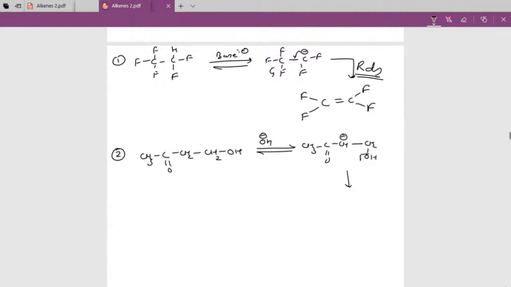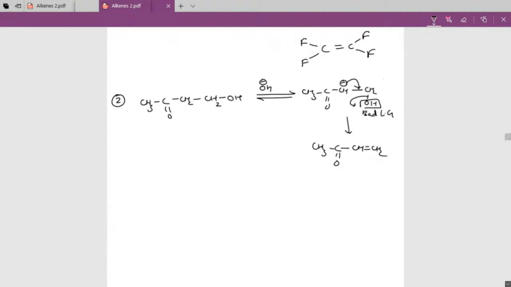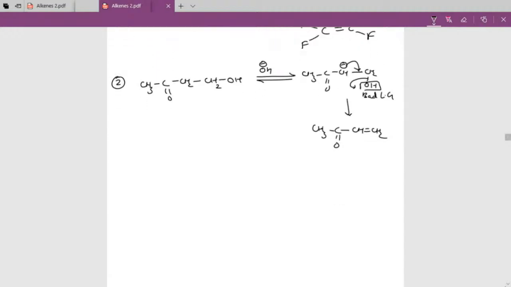Now removal of this OH, which is a bad leaving group, is difficult. So the RDS is this again. So dehydration of aldol under basic conditions is E1cB.